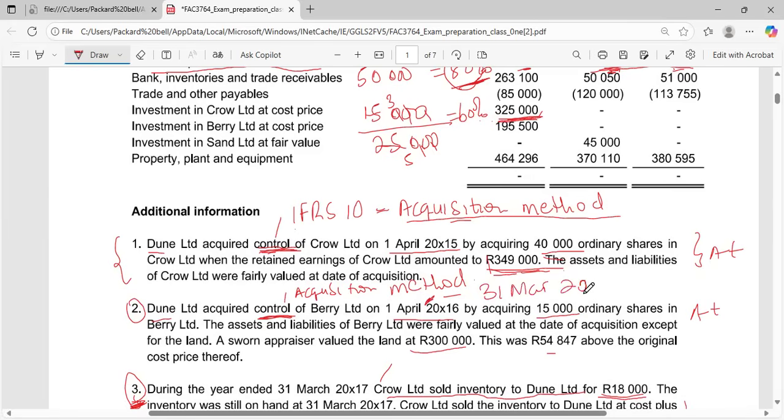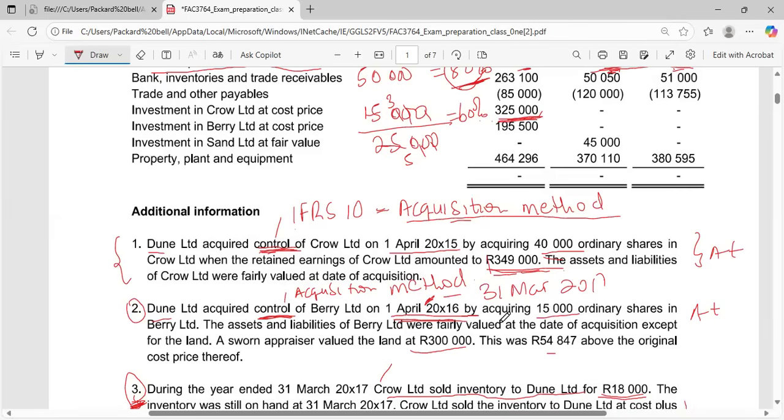2017. So what it tells you is there is no since acquisition to the beginning of the current year, because the acquisition was done in the current financial year and the consolidation is done in the current financial year.